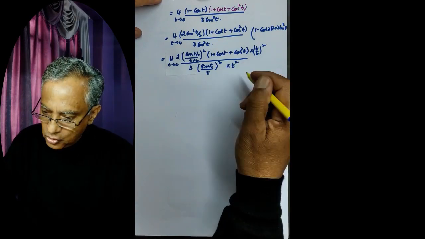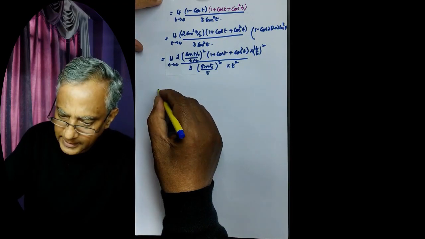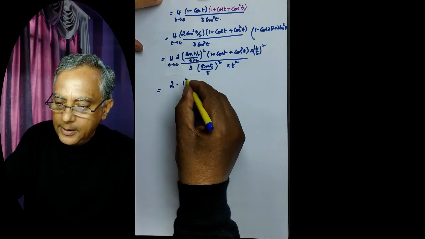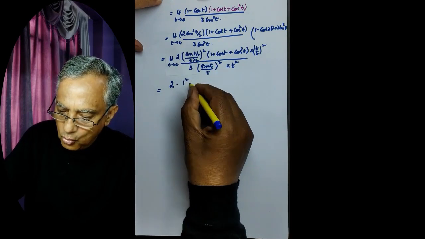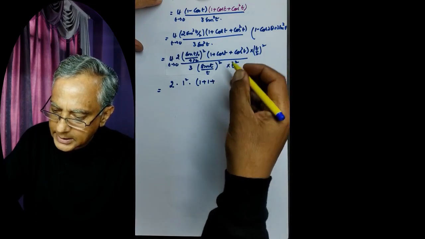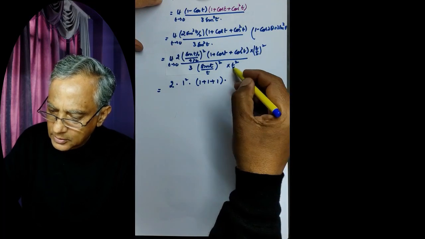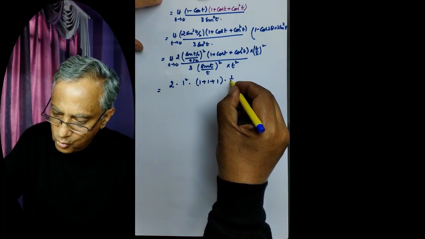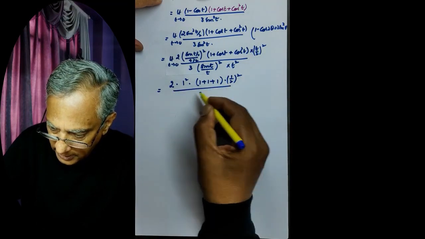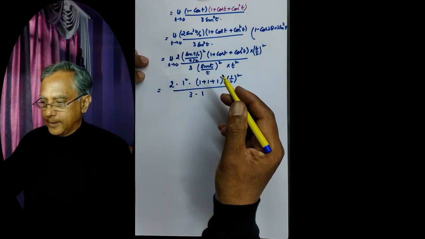So this t square and this t square cancel, and we are left with 2 into 1 square, limit is 1, into 1 plus cos 0 is 1 plus cos square 0 is 1, and t cancels with this, so we are left with 1 by 2 whole square, and this will be 3 into 1, 3 into 1 square.